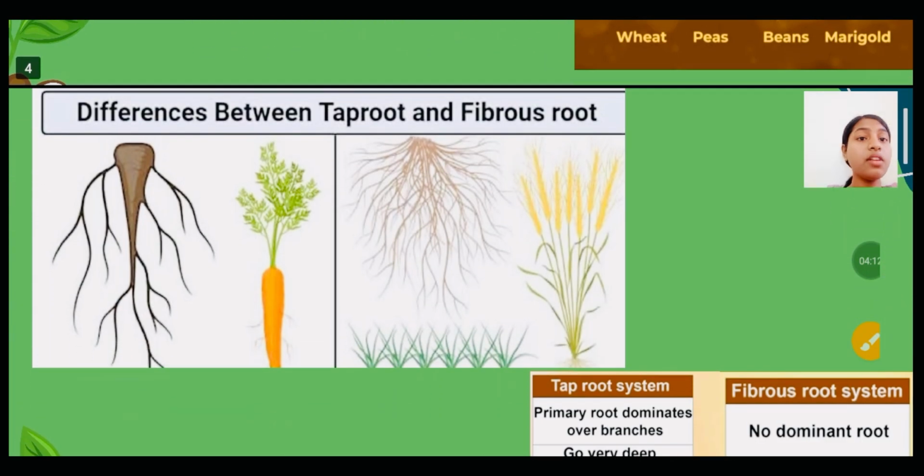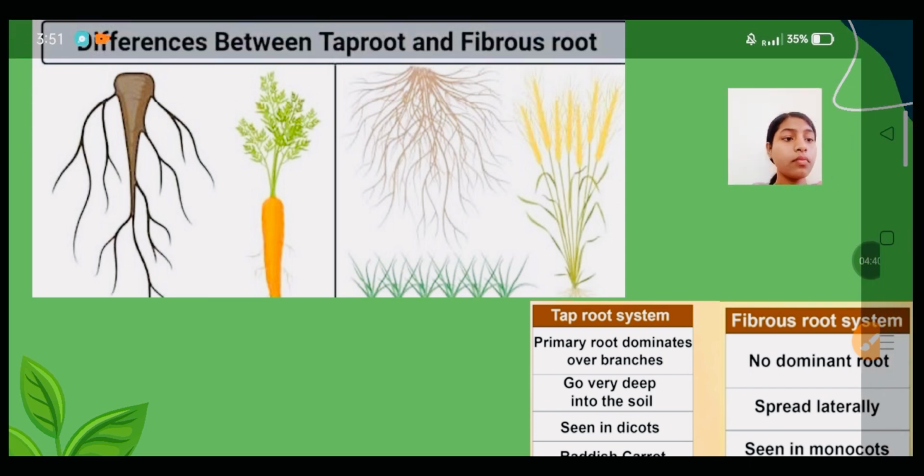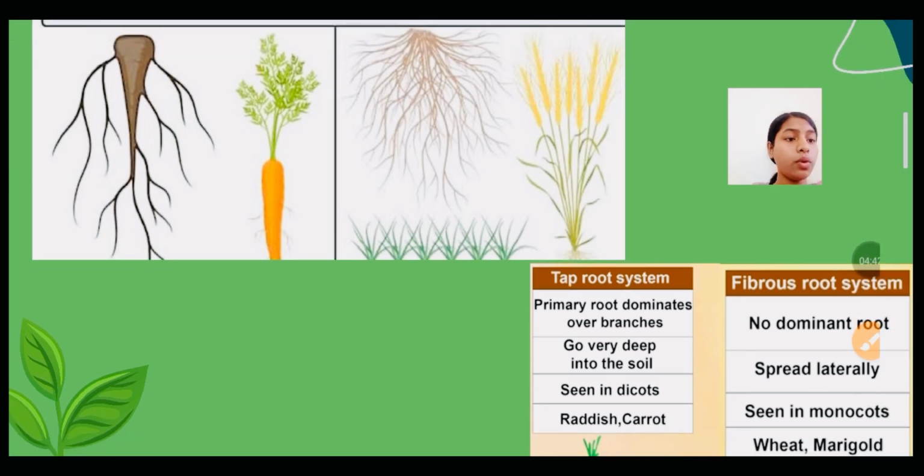Let's discuss the difference between taproot and fibrous root, then you will understand easily. In the taproot system, the primary root dominates over branches and goes very deep into the soil, seen in dicots, for example radish and carrots. And in fibrous root, there is no dominant root, it is spread laterally, seen in monocots, examples are wheat and marigold.